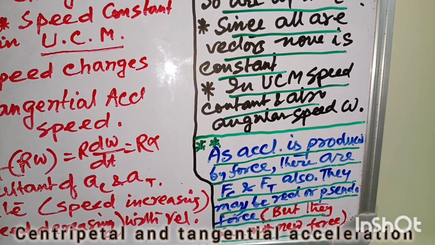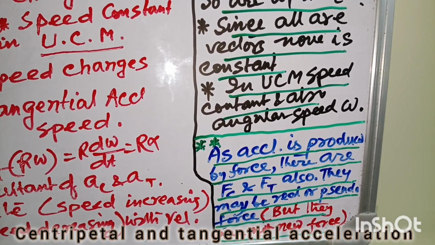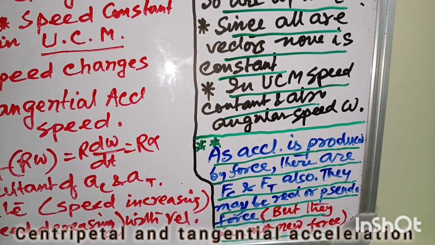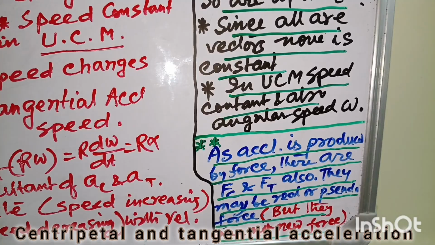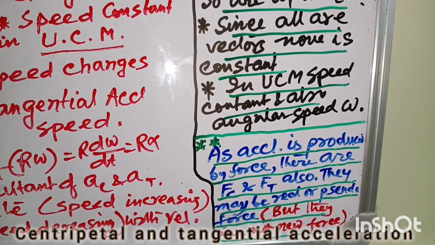But there must be a force, at least a centripetal force is a must for a circular motion, because without this there cannot be any circular motion. And if it is non-uniform, there will be an additional force, tangential force. That means these two forces are important for circular motion.